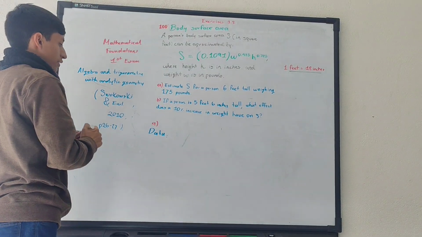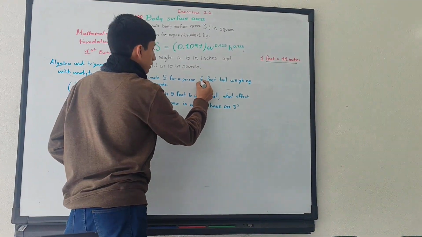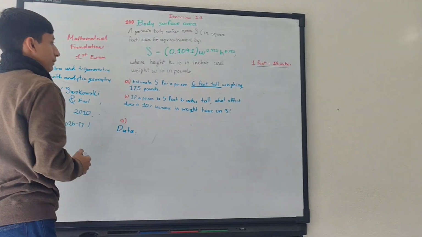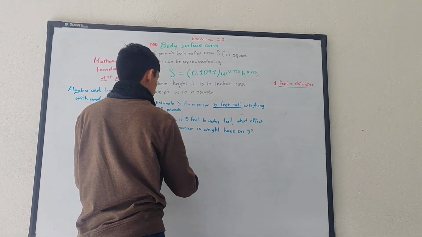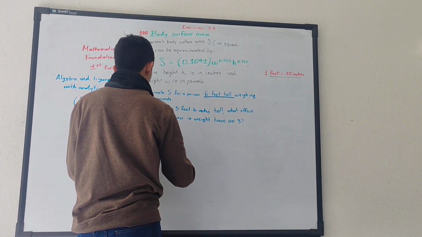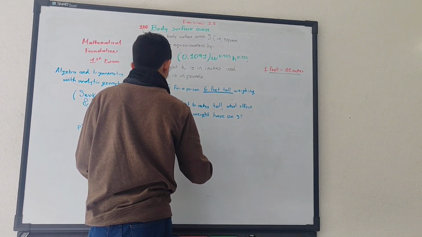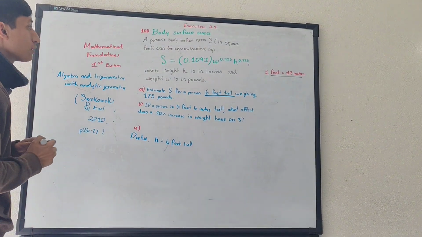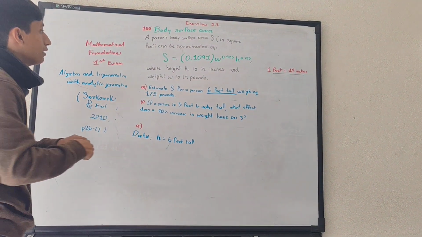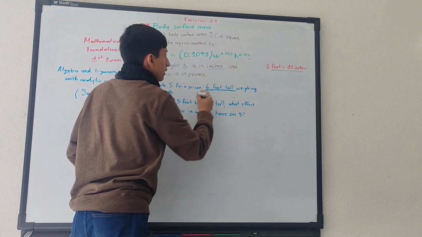Which data does the problem give us? How tall is the person? So we have that H is equal to 6 feet tall. But here we have the first problem: this should be H in inches.